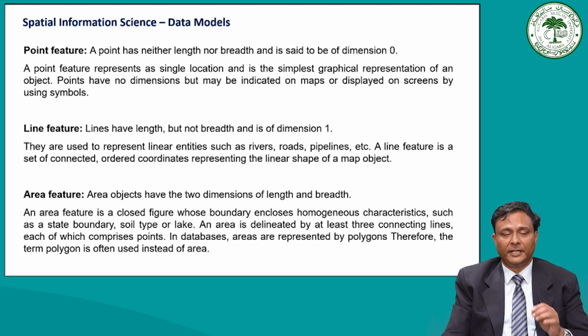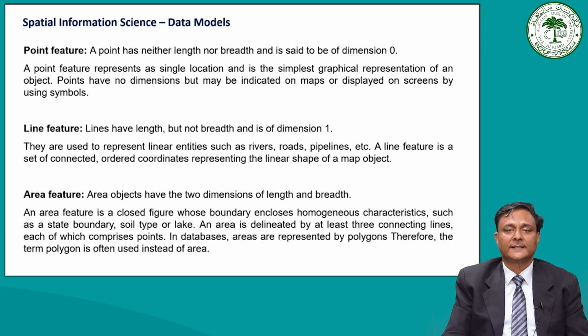Now let us look at some of the important characteristics of point features, line features, and area features. A point feature has neither length nor width, and hence it is said to be a zero dimension feature. A point feature represents a single location.